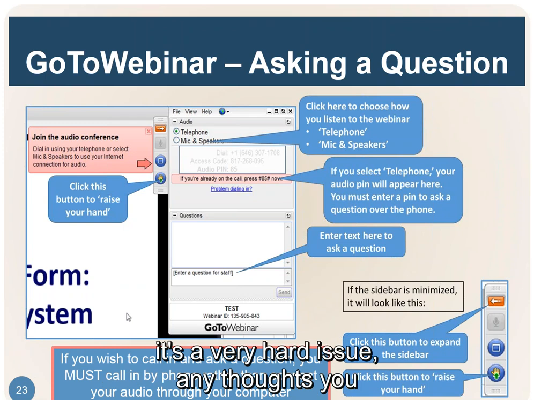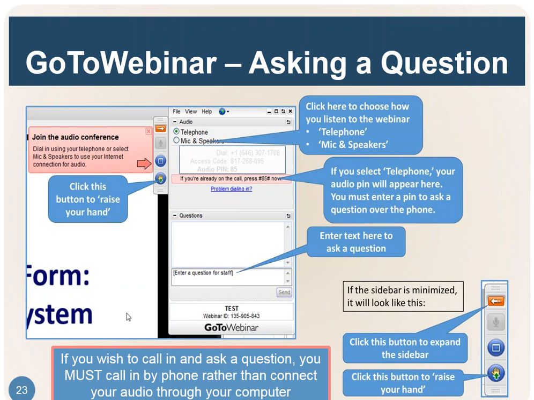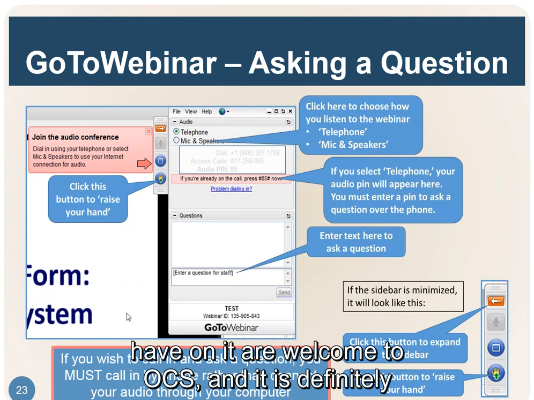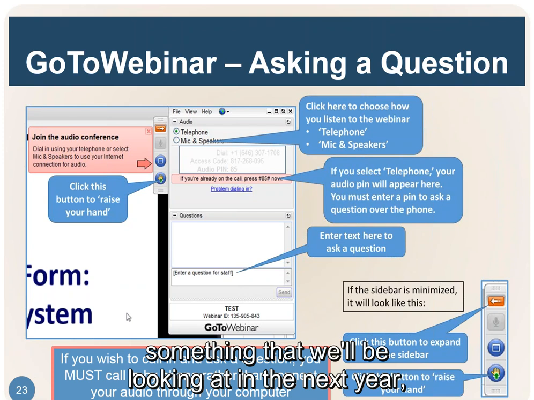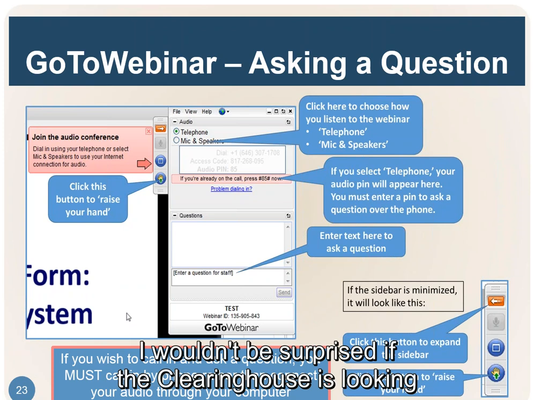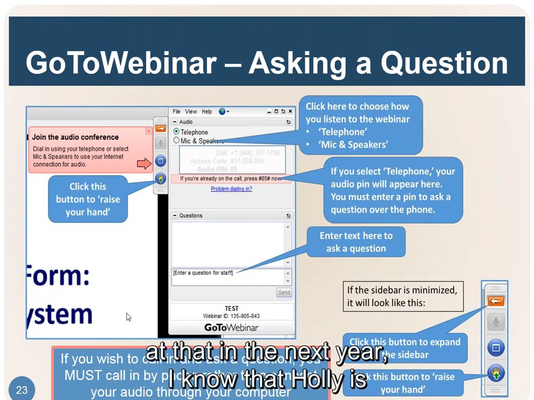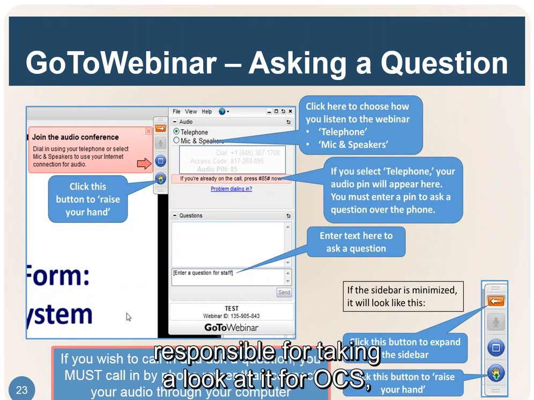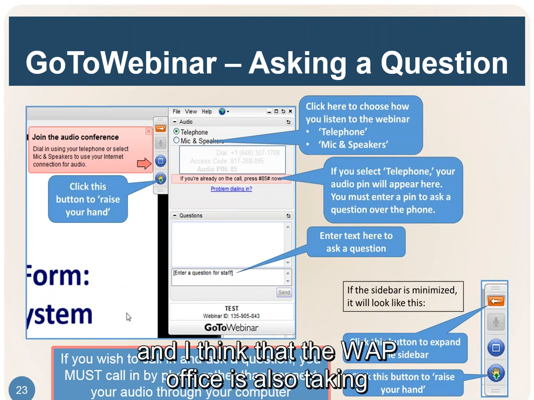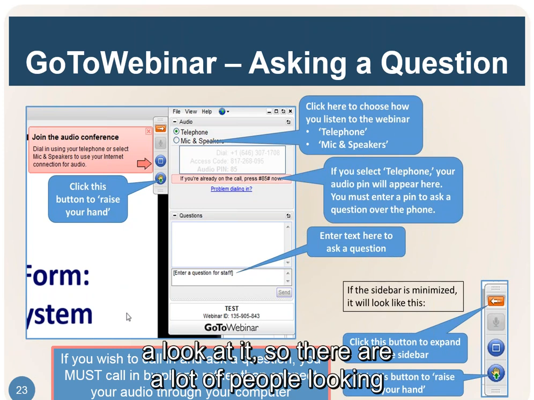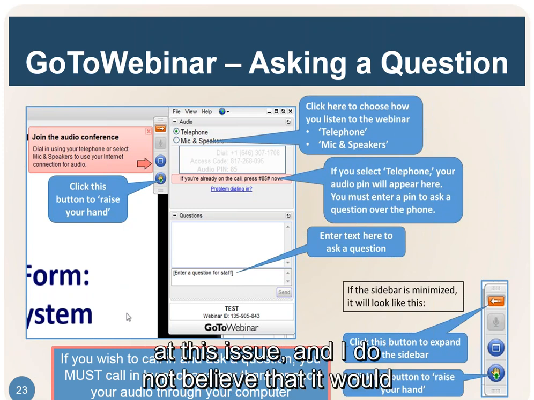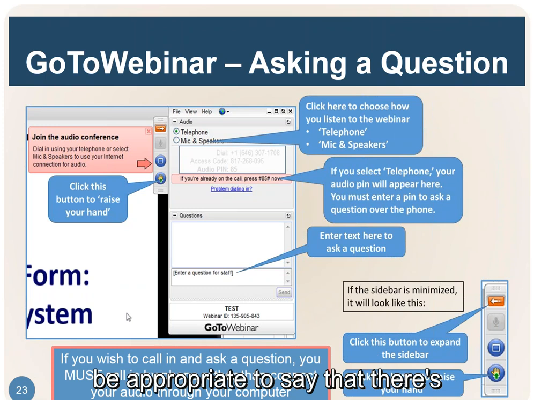It's a very hard issue. Any thoughts you have on it are welcome to OCS, and it is definitely something that we'll be looking at in the next year. I wouldn't be surprised if the clearinghouse is looking at that in the next year. I know that Holly is responsible for taking a look at it for OCS, and I think that the WAP office is also taking a look at it. So there are a lot of people looking at this issue, and I do not believe that it would be appropriate to say that there's any good answer right now.